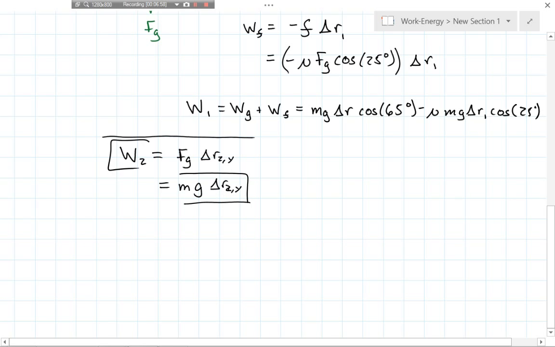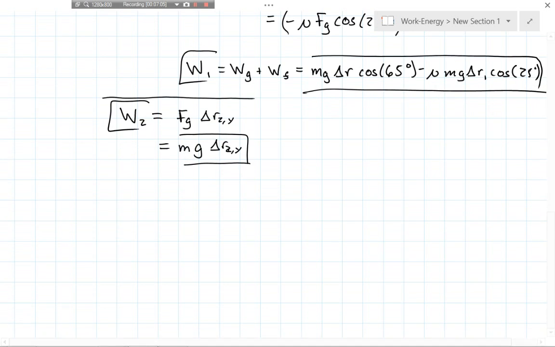So the work-energy theorem says that the total work that's done by all of the forces during both of these parts is equal to the change in the kinetic energy. So the total work equals change in kinetic energy. Let me simplify things a little here.